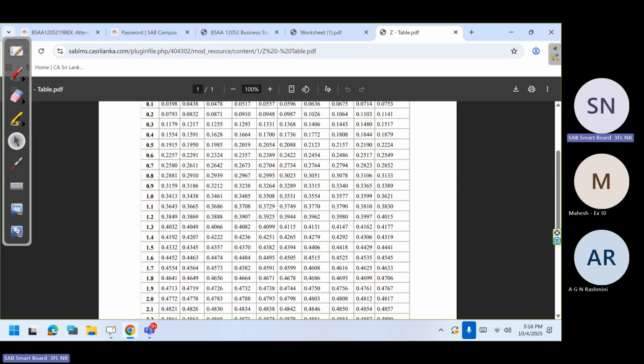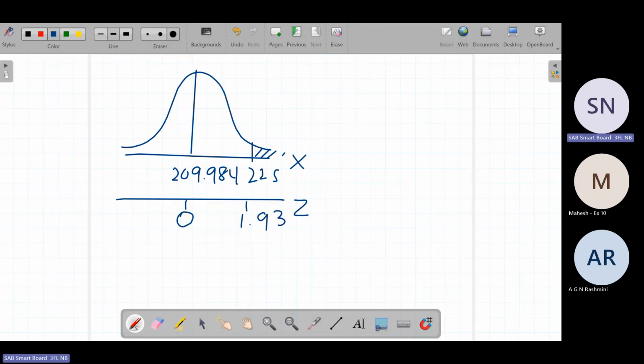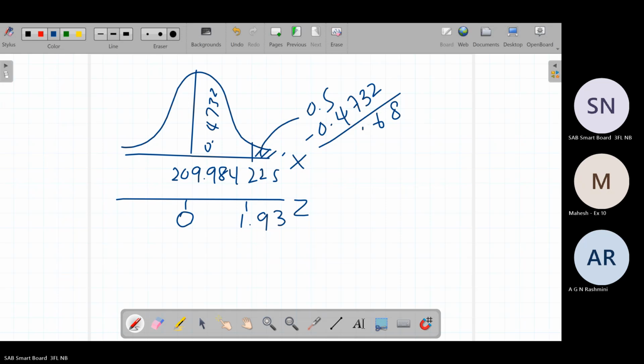Then 1.93 is 0.4732. Then its area is 0.5 minus 0.4732. Then percentage 2.68%. Okay.